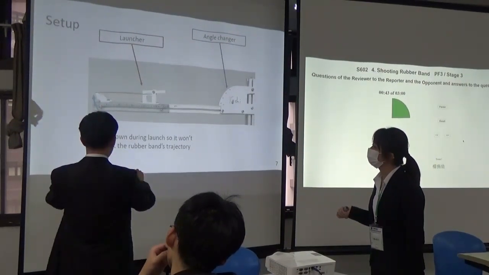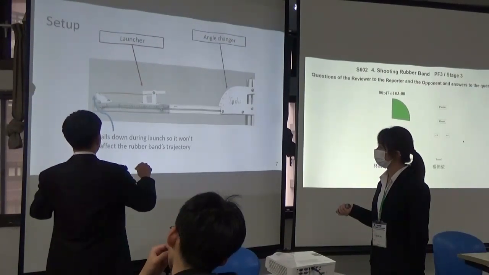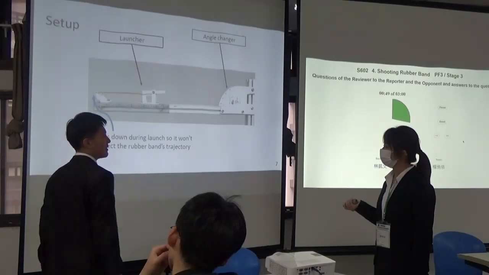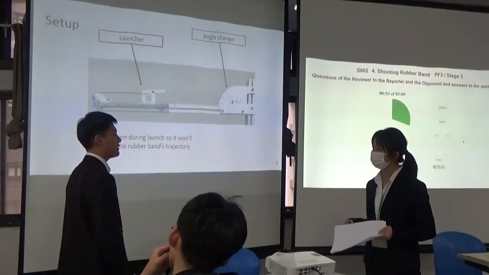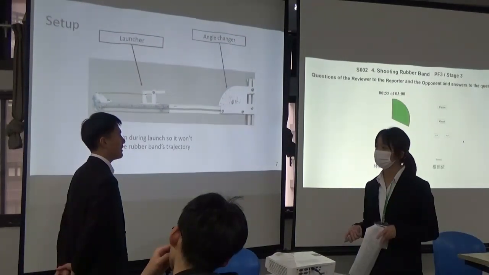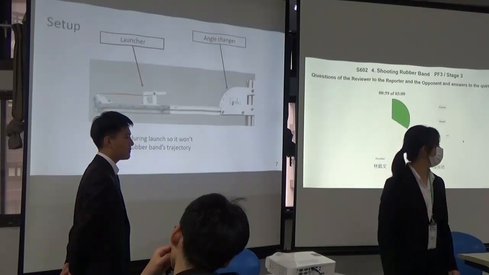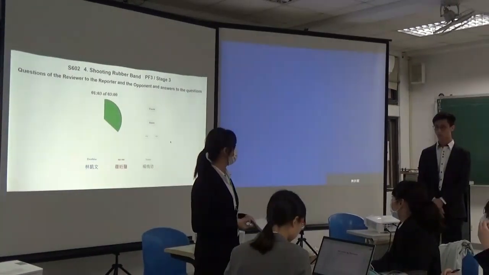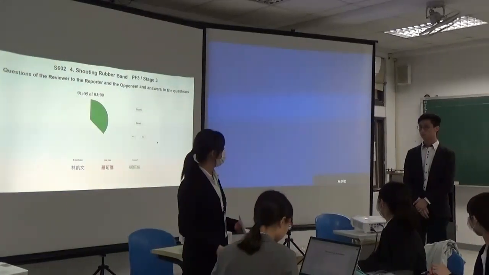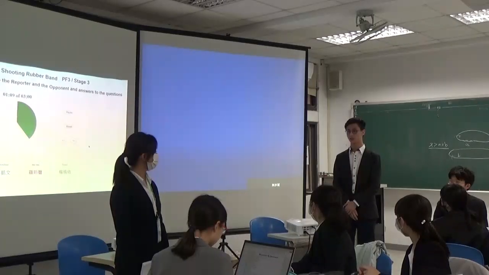Well, you just stretch one of the sides more and then fix it on the launcher. So you do it by hand? We use our hands because it's not really costing any work. Do you think using hands for this experiment is a good way? I think the use of hands won't create a large deviation in this experiment.